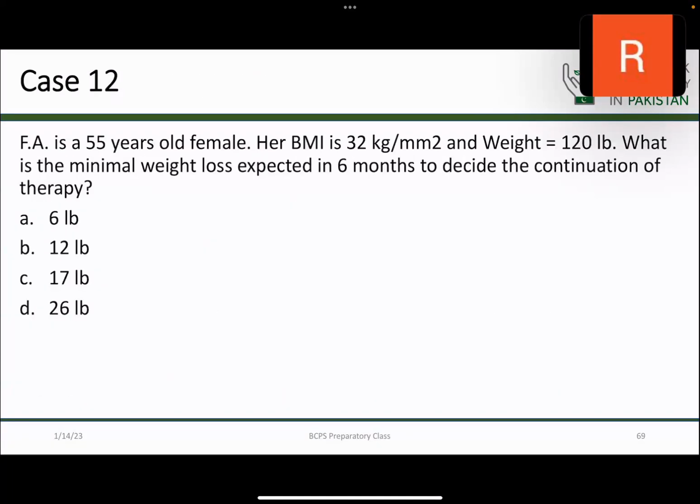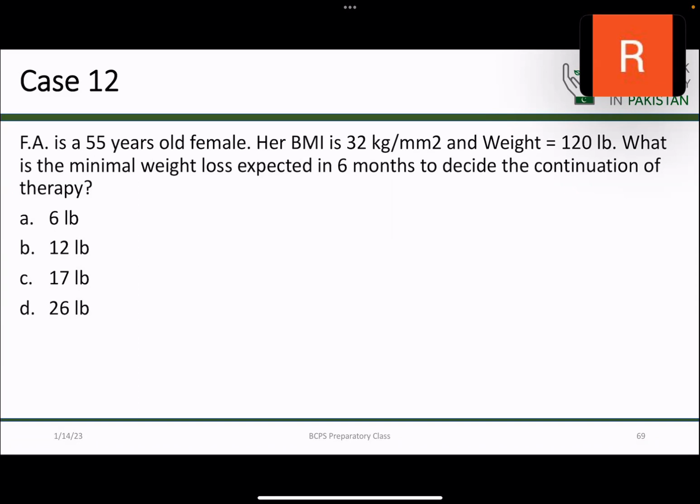So this is one of the important concepts which has been tested in the exam over and over again: what is the minimum weight loss expected to continue the therapy. So this is a patient, 55 years old female, BMI is 32, weight is 120. What is the minimal weight loss expected in 6 months to decide the continuation of therapy?